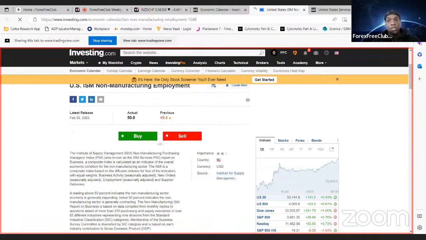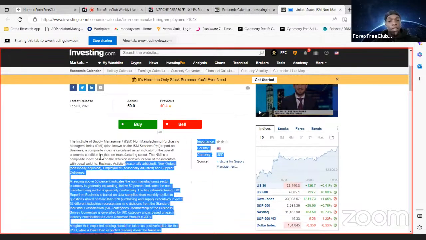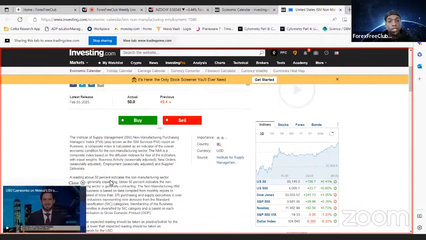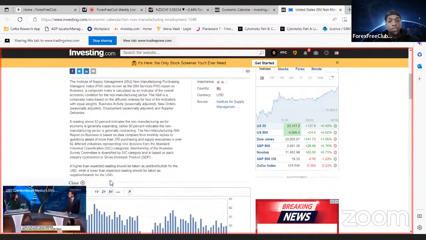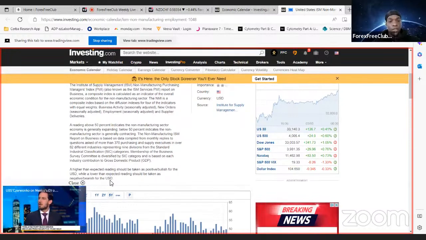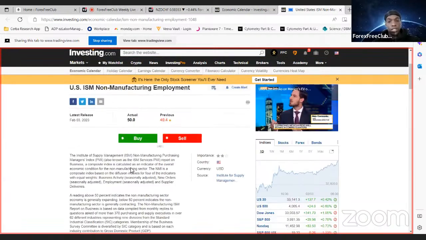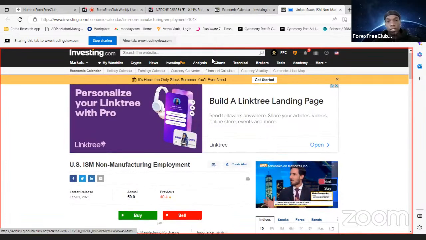All right, so the ISM Non-Manufacturing Employment, I believe we read this last week, so we'll just go based off the reading. Previous was 49.4, actual is 50, so that should be taken as, well, I guess it would be flat. It's not necessarily positive or negative because it's at 50 on the dot, but we'll just leave it at that.